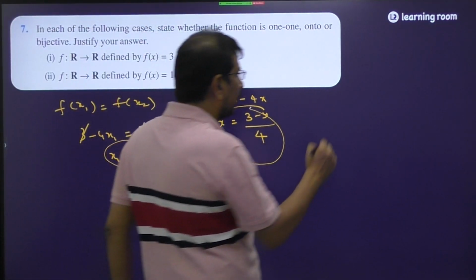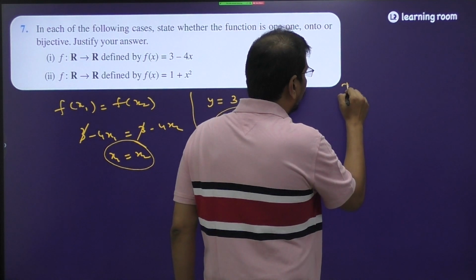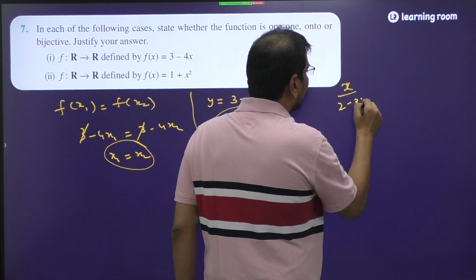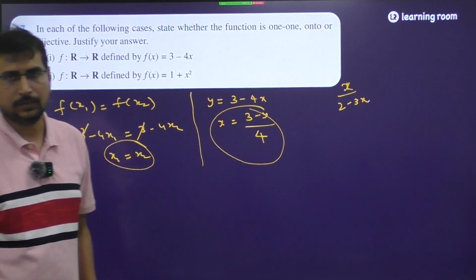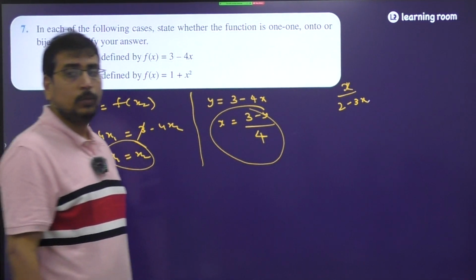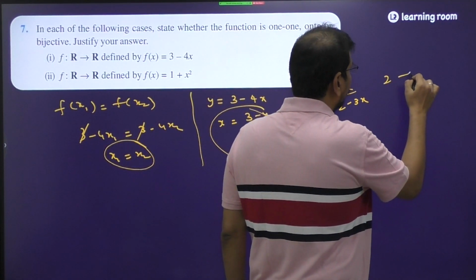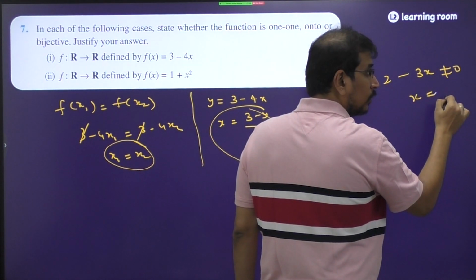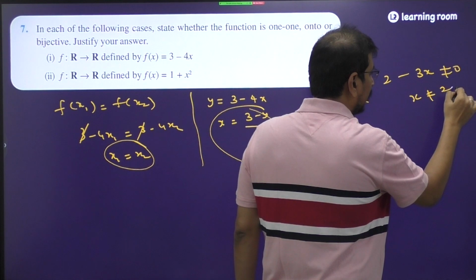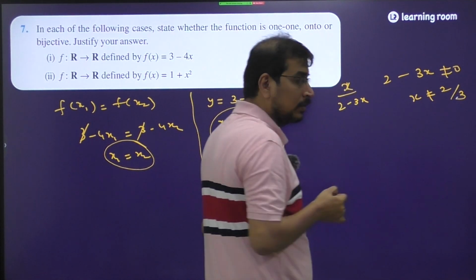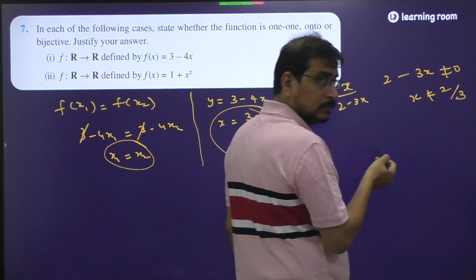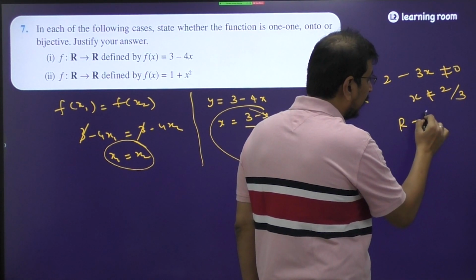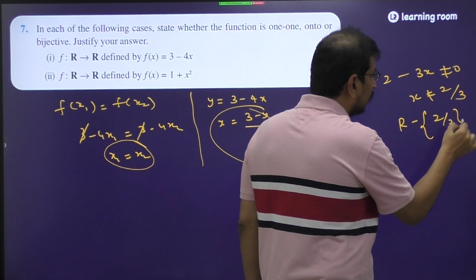For example, if I have x divided by 2 minus 3x, a rational function like this, 2 minus 3x should not be equal to 0, so x should not be equal to 2 by 3. So you will write R minus {2/3}.